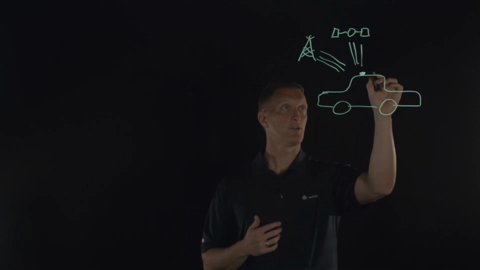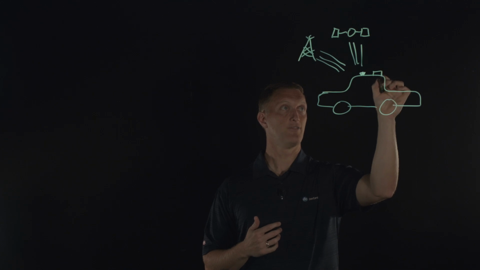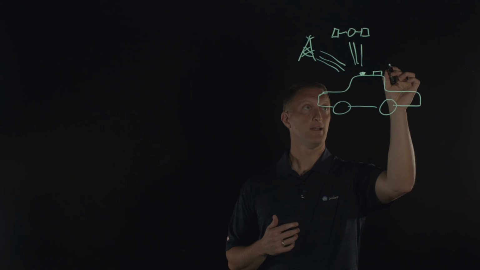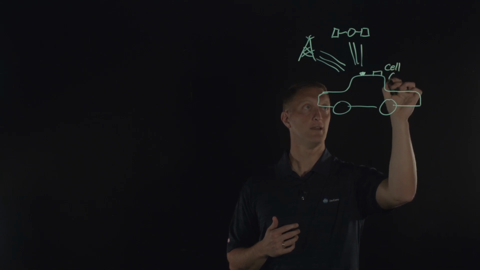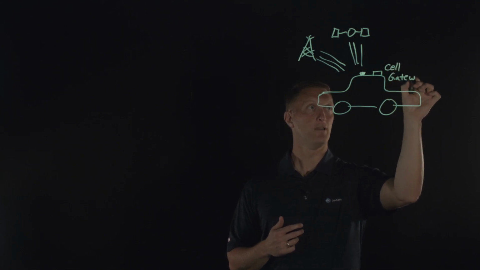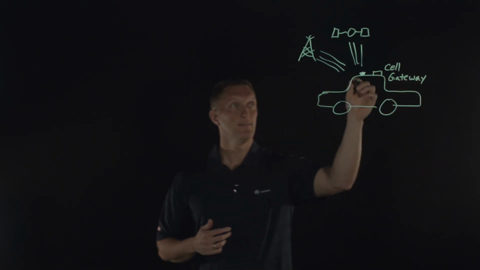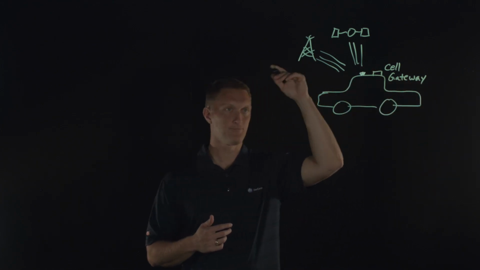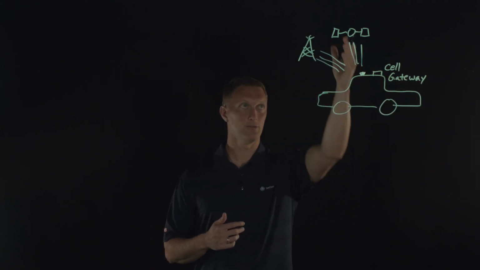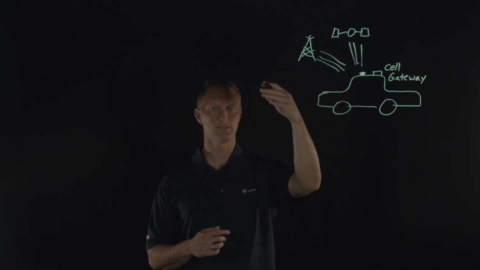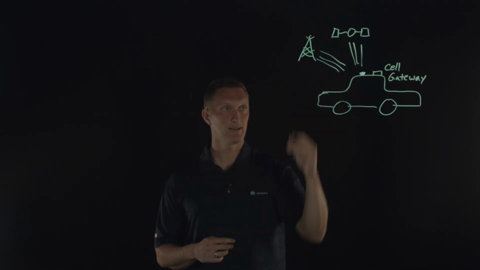All right, so I'm going to draw a little device. This is a very rough device right here, and I'm going to call this a cell gateway on this vehicle. This thing is going to have a connection to a GPS satellite. It's going to have 4G LTE cell connectivity.